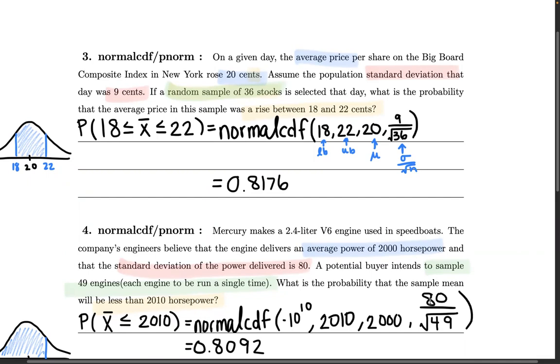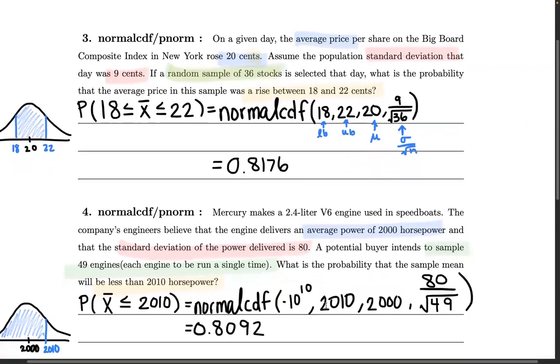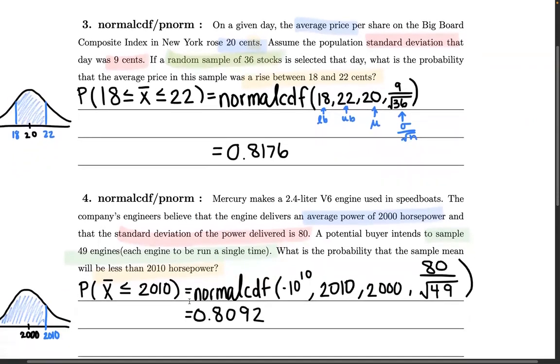So we have 80, the standard deviation of power delivered, divided by the square root of our total sample, 49. And then our mean is 2,000, the average power of horsepower.